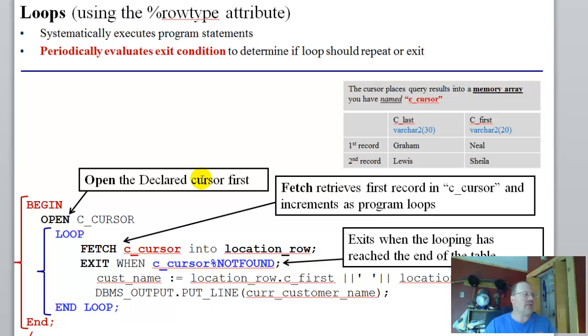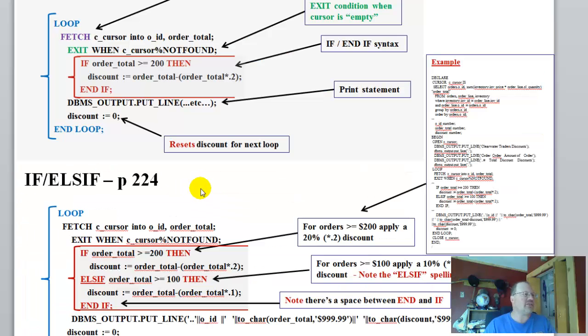Now, the next slide has some additional parts. You'll need this, I think, for questions 3 and 4, or 3 anyway. You can also run these if-then statements, and that's on page 20, from within your loops. So you fetch the information, and in this case, we're using a %type to define our variables, rather than location row.